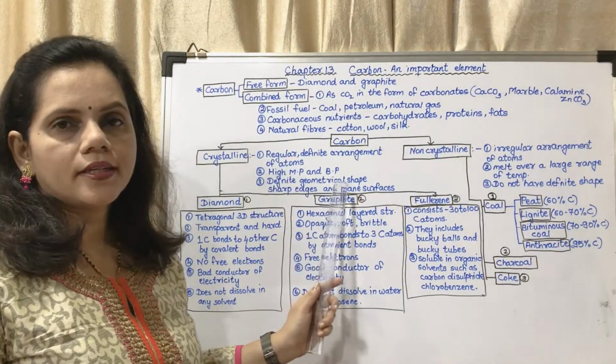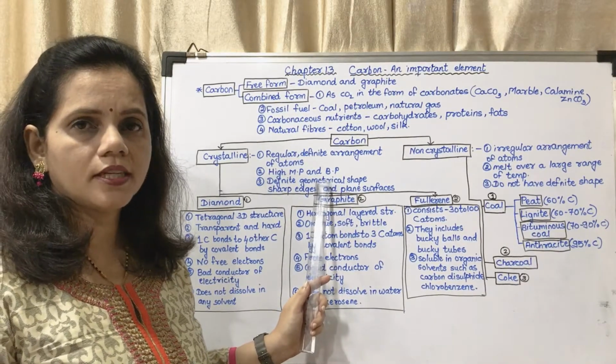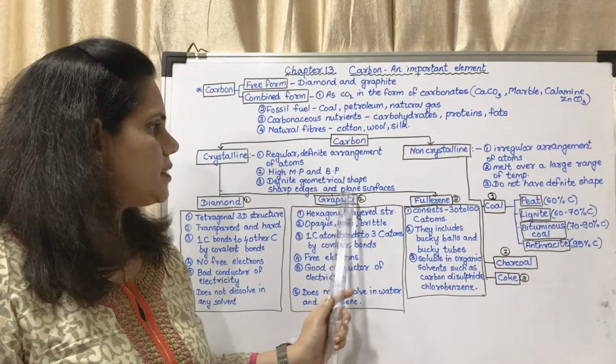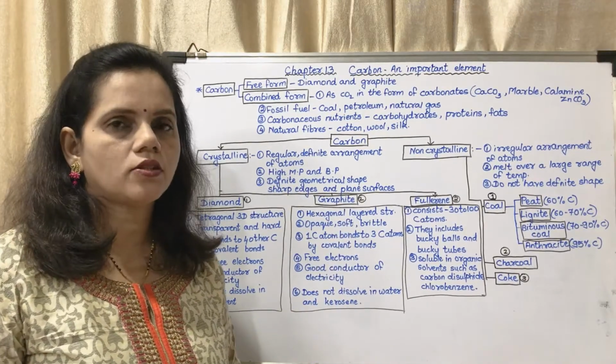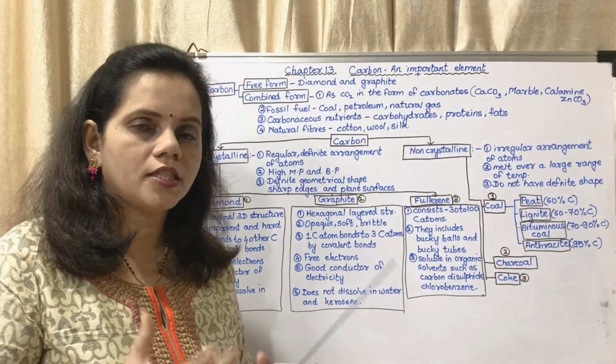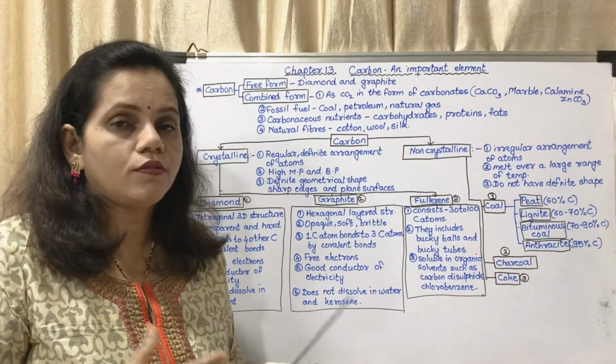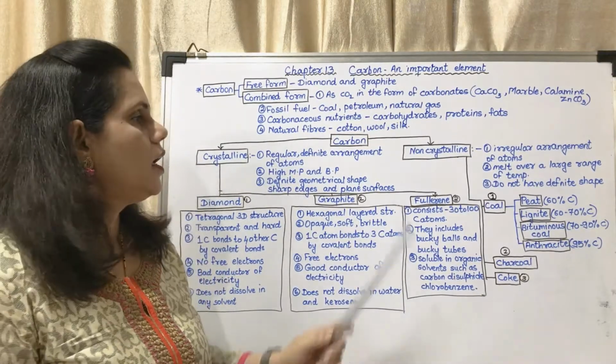High melting point and boiling point. They have a definite geometrical shape, sharp edges and plane surfaces. So they have a particular shape and a particular arrangement of atoms. Of which atoms? Carbon atoms.